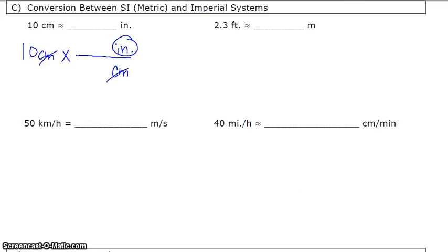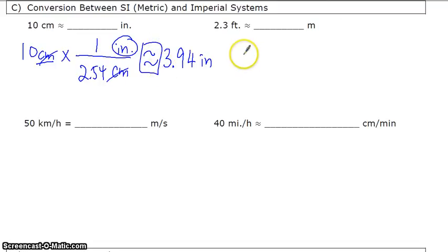The thing you want, you put on top. The things you don't want, you make sure you have one on top and one on the bottom, and they cancel out. Then you look at the formula sheet. 1 inch is 2.54 centimeters. This way, you know you're dividing. So the answer is 3.94. I round up. I use this symbol because it's an approximation, but sometimes people don't really pay attention to that.